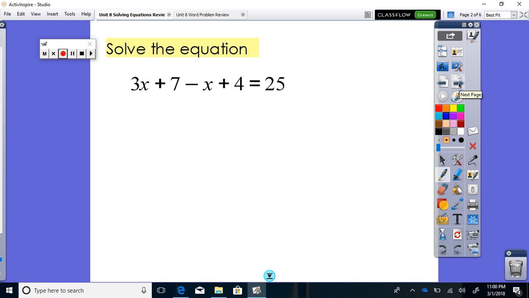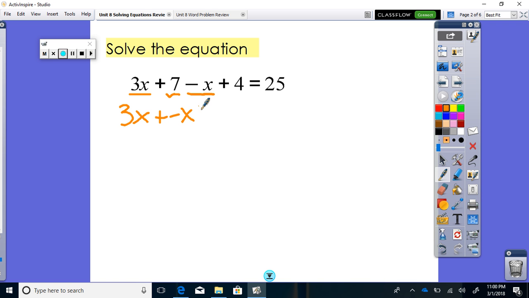So we're going to get a little bit more complex now. We're going to have to start by combining like terms. We do have a minus x here, and one thing that's helpful is to not only rearrange this, but then instead of writing it as a minus x, sometimes it's helpful to write it as a plus negative x.